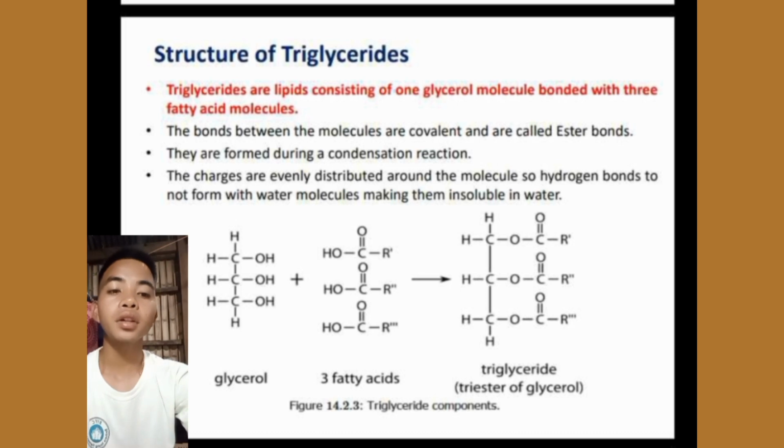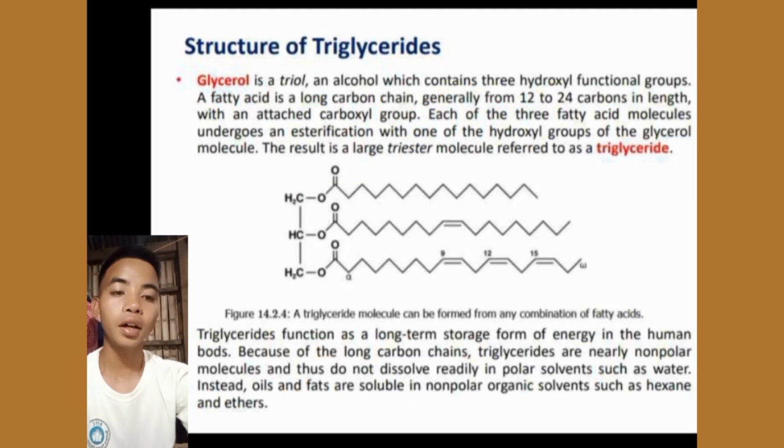In the case of triglycerides, the alcohol is glycerol and the carboxylic acids are fatty acids. So the structure of a triglyceride consists of a glycerol molecule bonded to three fatty acid molecules by ester bonds.